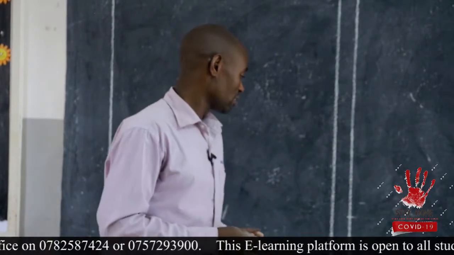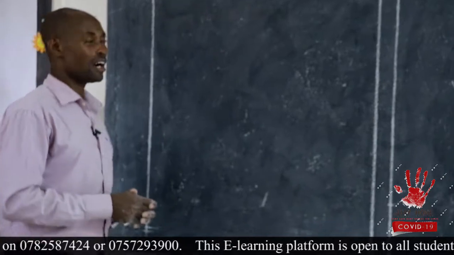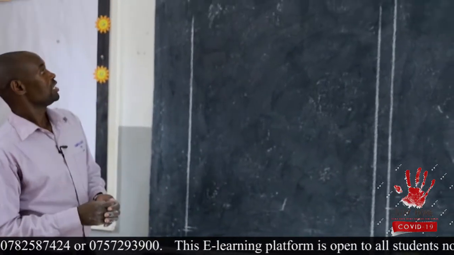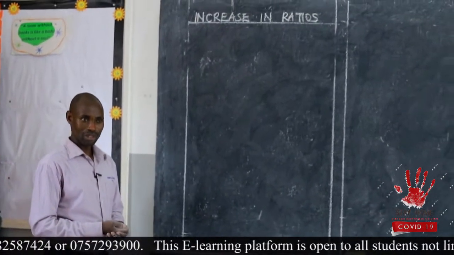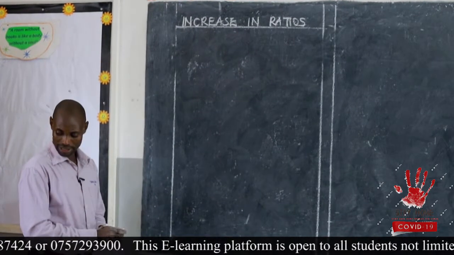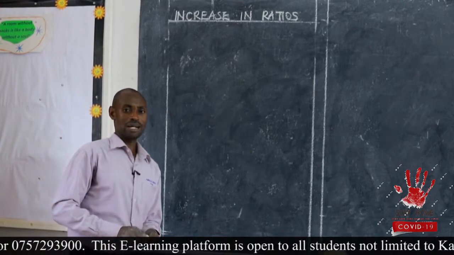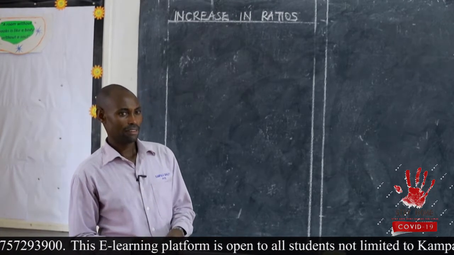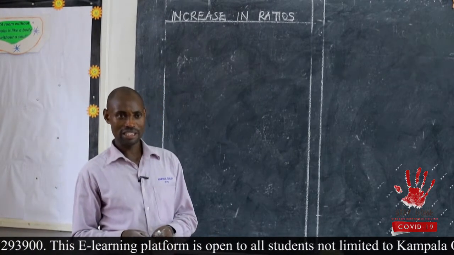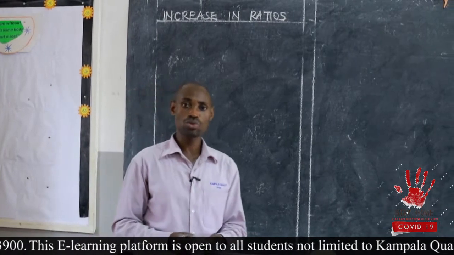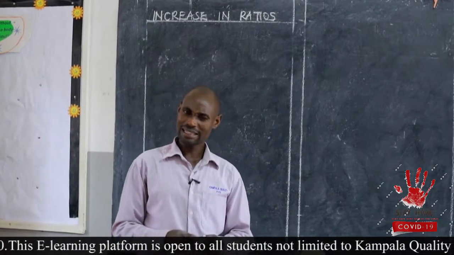So in our lesson today, we are going to look at how we can increase in ratios. When I talk about increase, what does it mean? If I say the number of children at Kampala Quality Primary School increased, what does it mean?